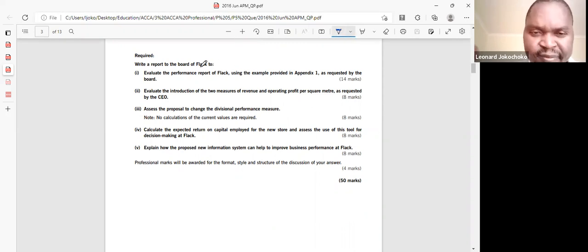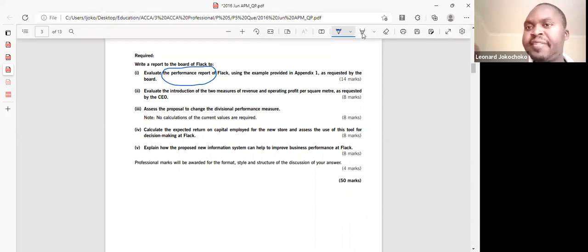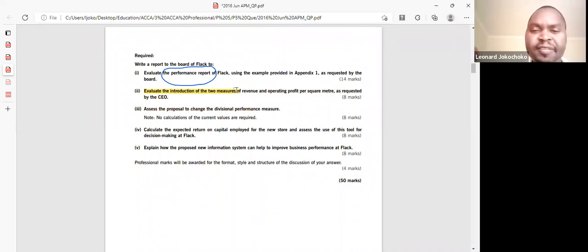When you look at the requirements, it wanted to look at the performance report: is it appropriate or not? When you look at the second requirement, it says evaluate two performance measures given there. This is very similar to what we saw earlier on, what the consulting firm was doing.